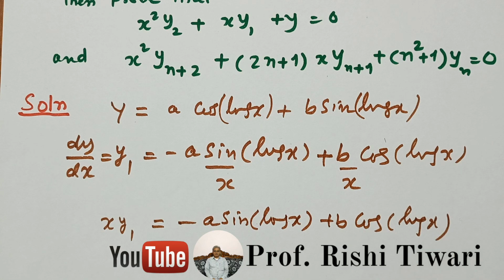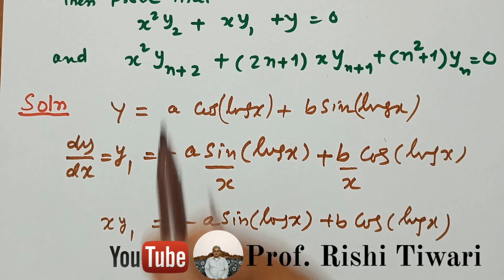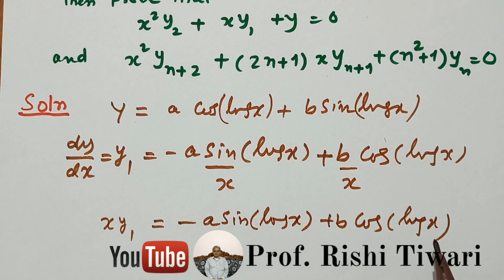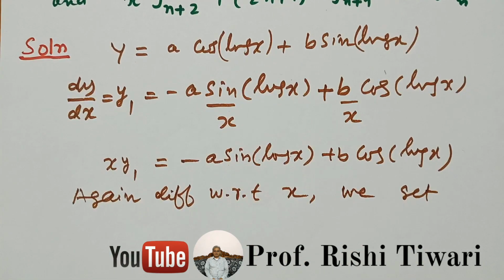Okay, now we need y2, so again differentiating with respect to x on both sides. Here again we see a product of two functions: x is the first function, y1 is the second function.